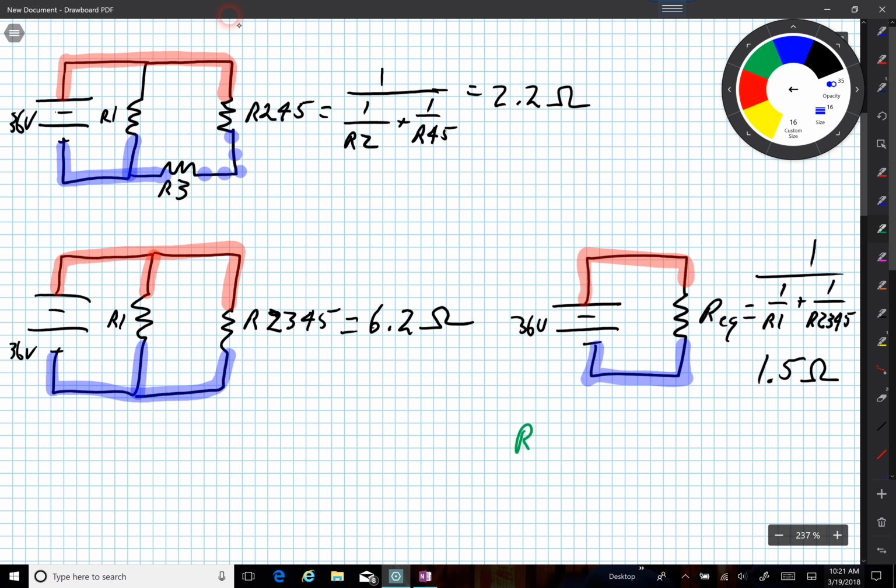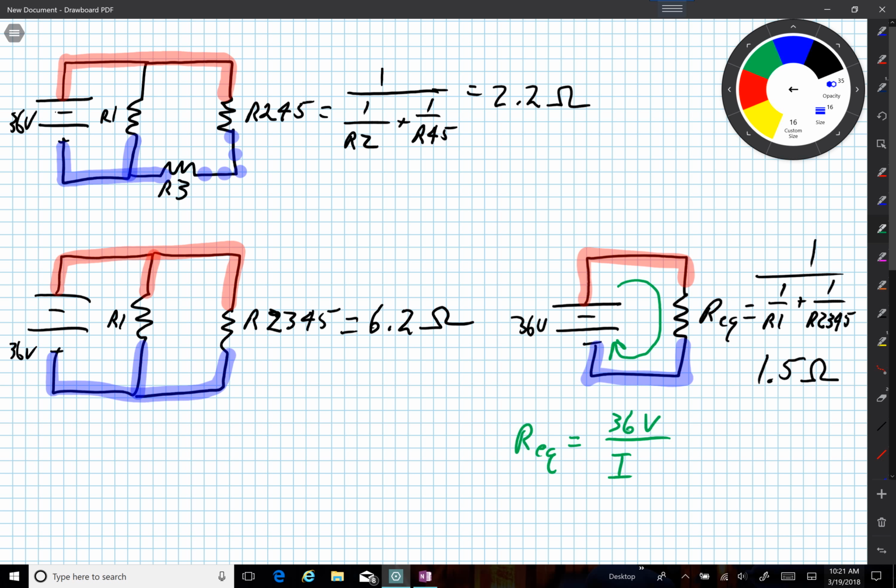So I can say R equivalent equals 36 volts over I. And I is going to be the current that flows from the positive terminal of the battery to the negative terminal of the battery. Remember, the long line is the positive, the short line is the negative. Positive charges flow out the positive terminal, flow around to the negative terminal. We're going to call that I. That's the total amount of current flowing out of the battery.